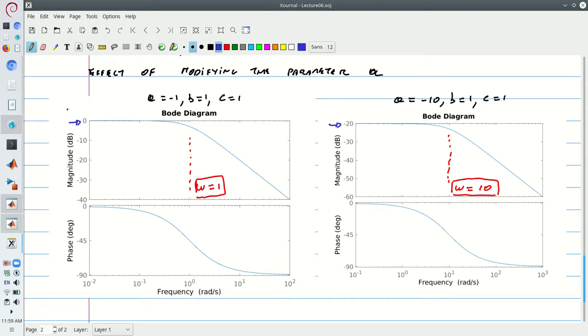So these are the main differences when we are modifying the parameter a.